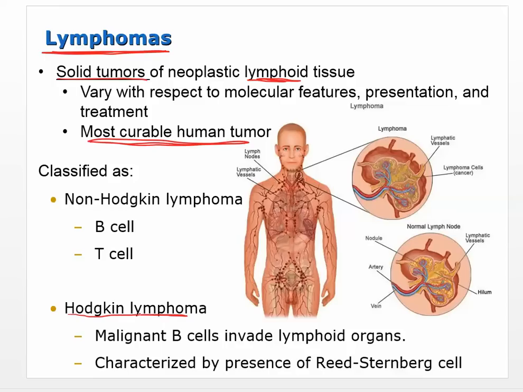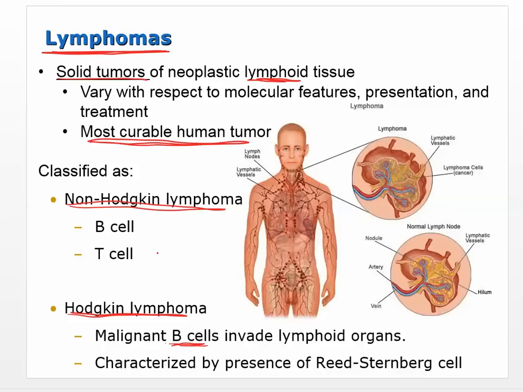Okay, so we're going to talk about 3 different things that distinguish Hodgkin from non-Hodgkin, and I can just go ahead and say it. First of all, non-Hodgkin can be T cell or B cell, while Hodgkin only affects B cells.